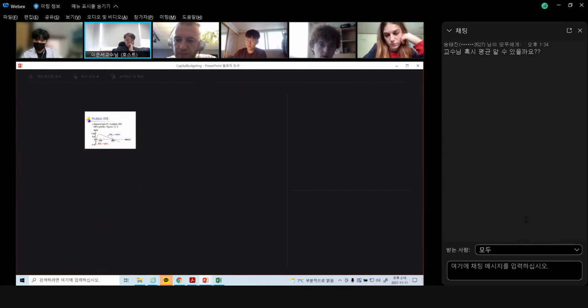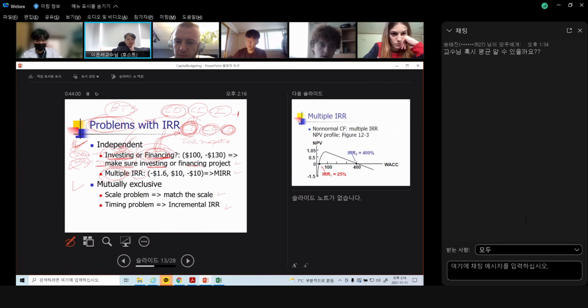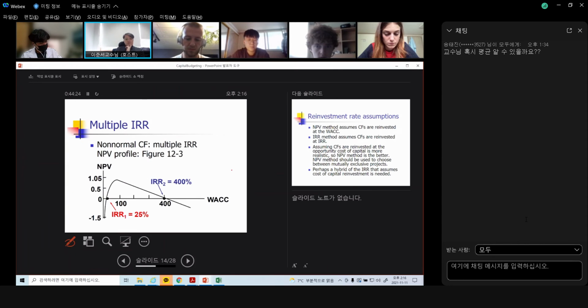So here you go. If the IRR has multiple values, we can cure this kind of problem by using the MIRR, the modified internal rate of return. Here is a non-normal cash flow stream: minus 1.6, 10, minus 10.